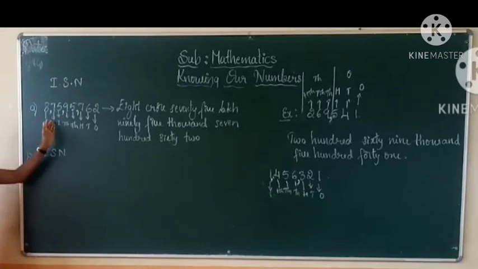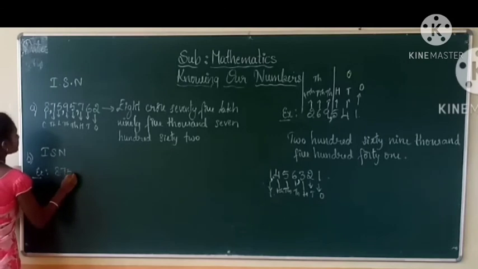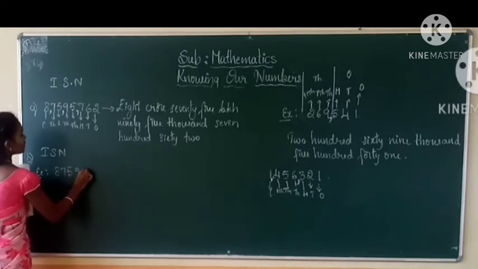So I will take the same example here, that is 8, 7, 5, 9, 5, 7, 6, 2.